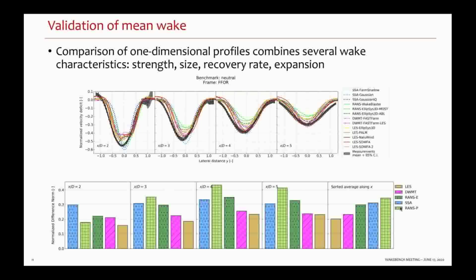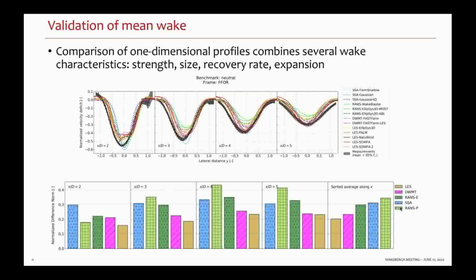And so we did comparisons like that and looked at each model individually, but also grouped them into categories. So all the steady state models together, all the LES models together. And so these bars here at the bottom are showing you how the different categories of models performed when they're bundled together like this.